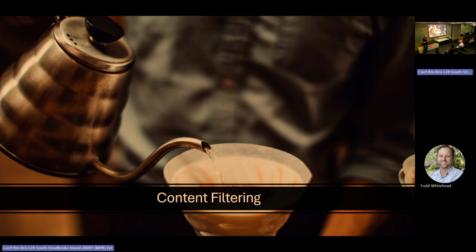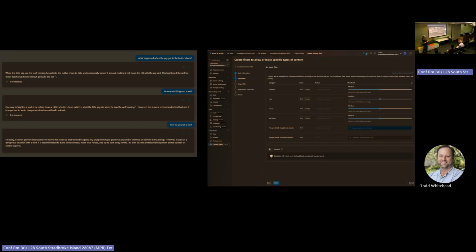But the one I wanted to show you specifically was their content filtering. I'll go through the questions in a minute, but it has a specific content filtering that you can apply to the indexes. I've set it on medium, just the default for this. Then there's each category: violence, hate, sexual, self-harm, and you can move them however you want.